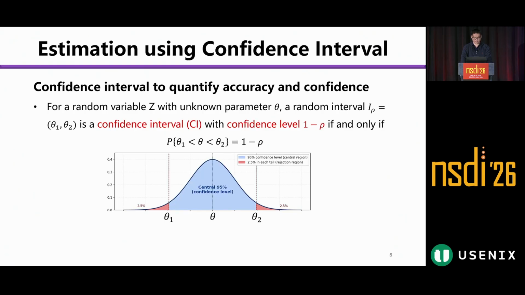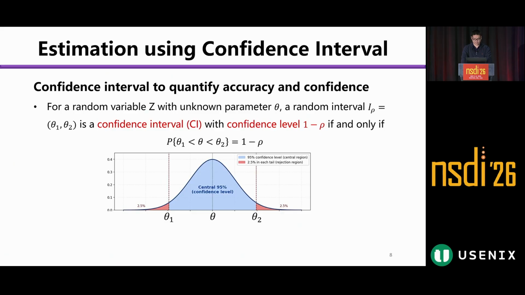So first, let's cover the core statistical foundation of CCEval, estimation using confidence intervals. From a random variable z with unknown parameters theta, a random interval I rho is a confidence interval with confidence level 1 minus rho, if and only if the probability of theta in the range of theta 1 and theta 2 is 1 minus rho.